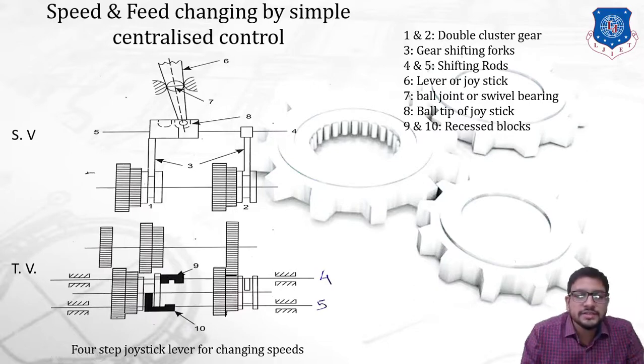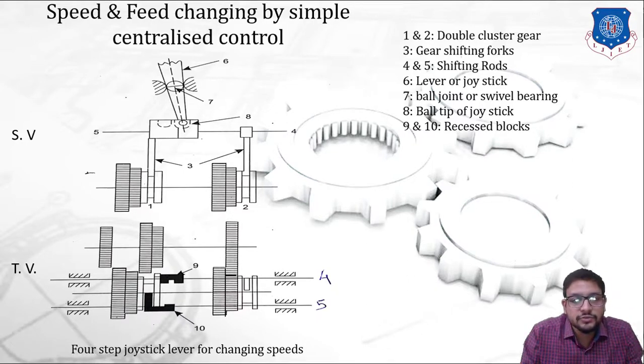Now, since there are two gear shifting forks, represented by point number 3, corresponding to the two shifting rods, at a time only one shifting rod will be engaged in a recessed block. Along with that, by operating the lever, we are going to move either of the two double cluster gears. Let us understand its working.